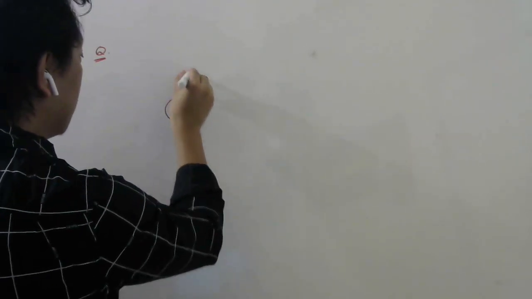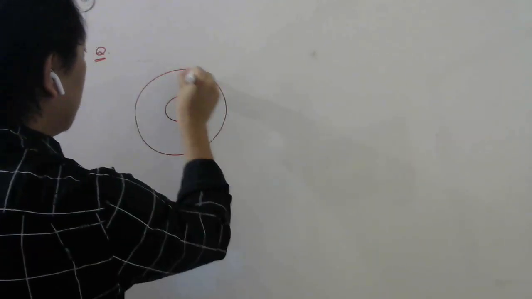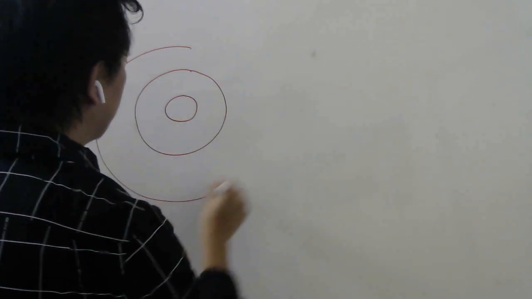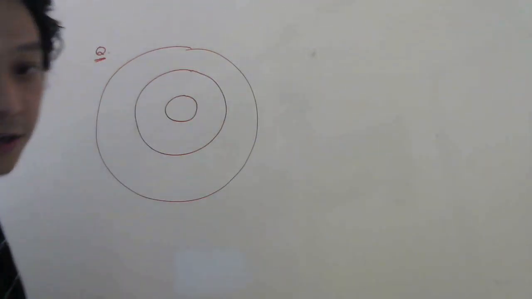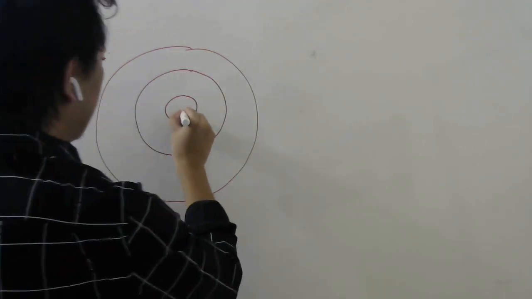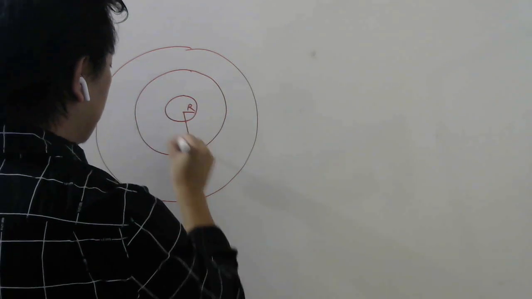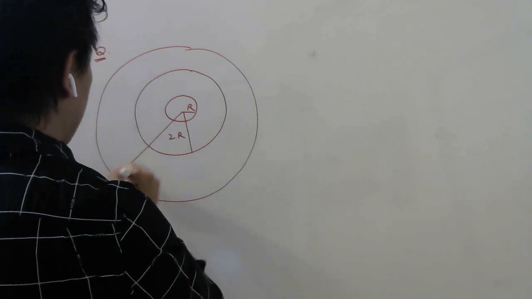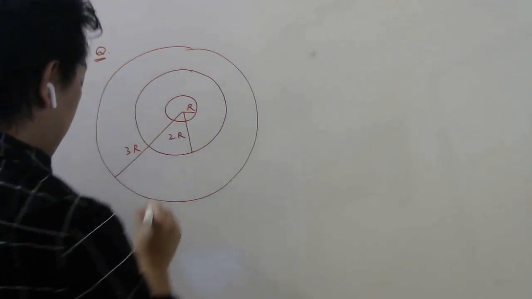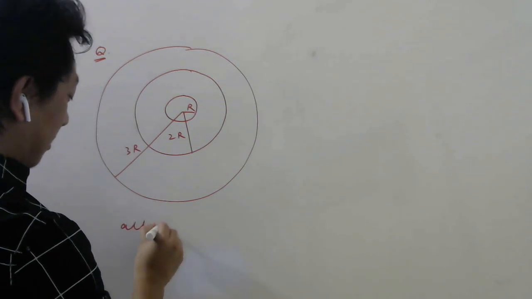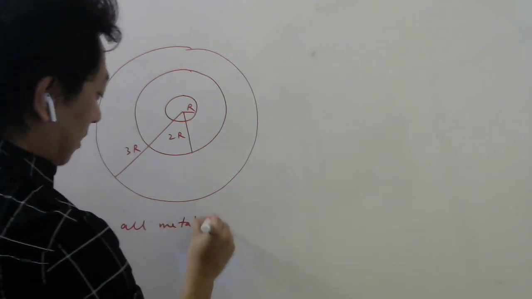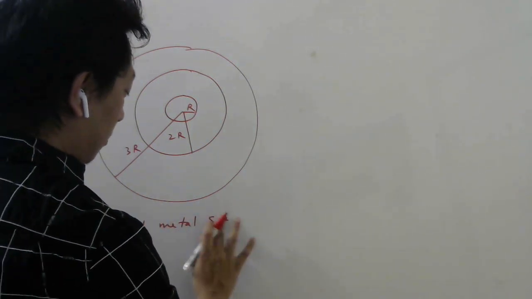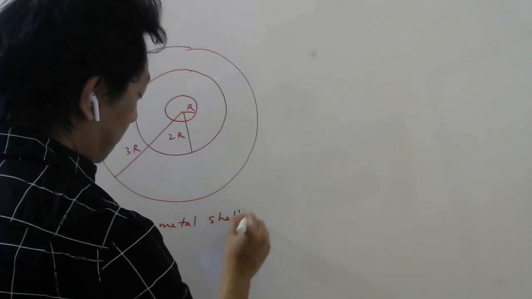Okay, there are three concentric spheres. These are three concentric spheres of radius r, 2r and 3r, and all are metal spheres, or you can say shells, no problem.